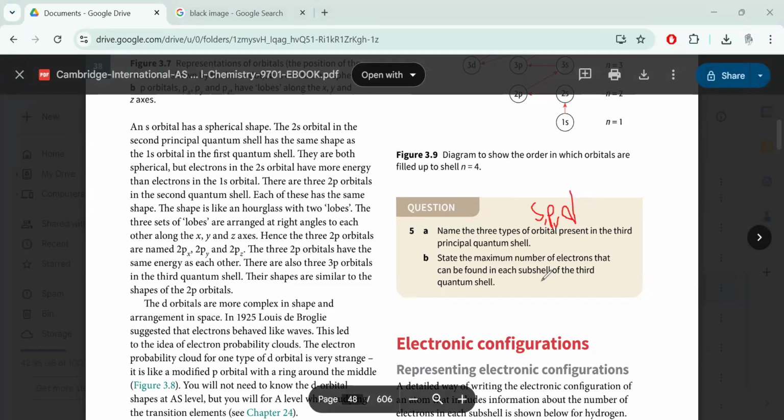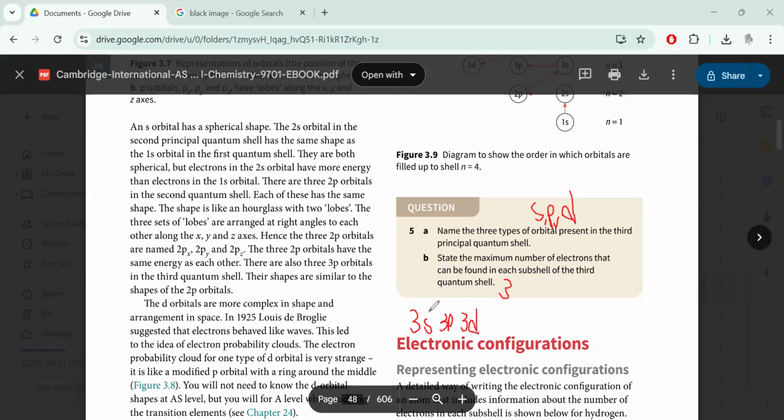State the maximum number of electrons that can be found in the third shell. So we're talking about the third shell, meaning that we have 3s, 3p, and 3d.